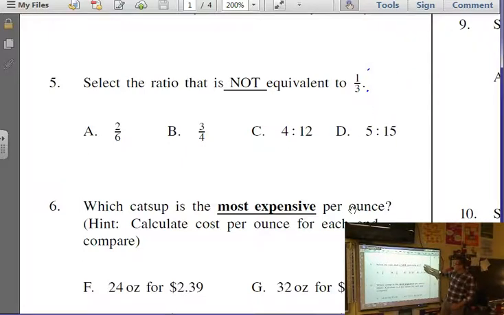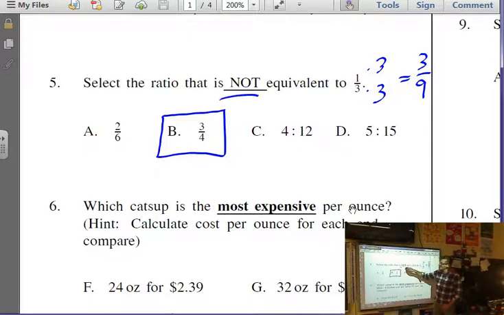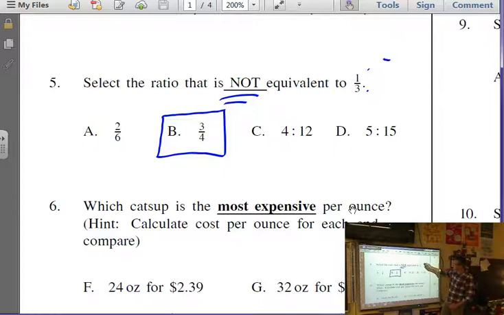If I multiply the top and bottom by 3 to make my numerator 3, I'd get 3 over 9, which means 3/4 is not equivalent to it. And let's check our D option. If I multiply by 5 to make my numerator 5, my denominator does become 15, and 5/15 will work. 3/4 is the only one that does not work.